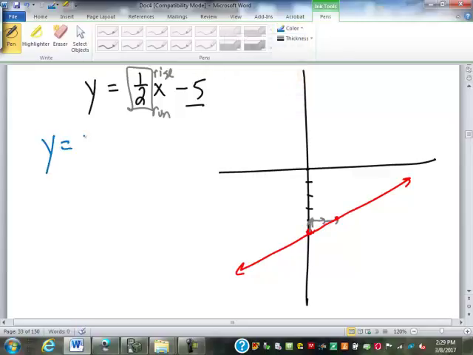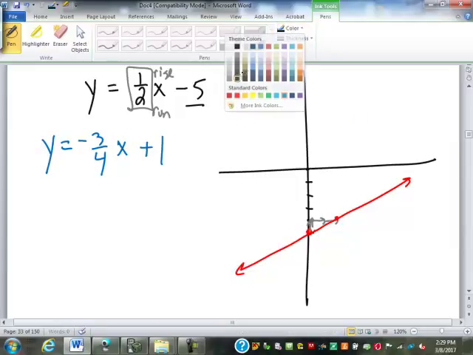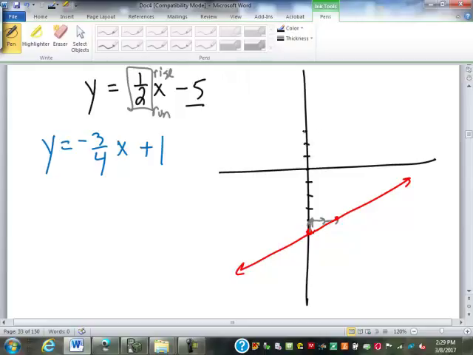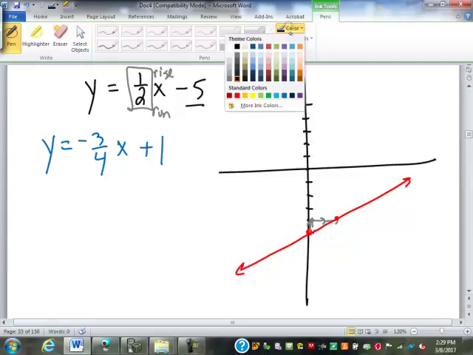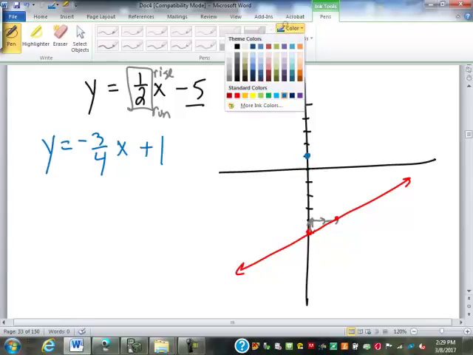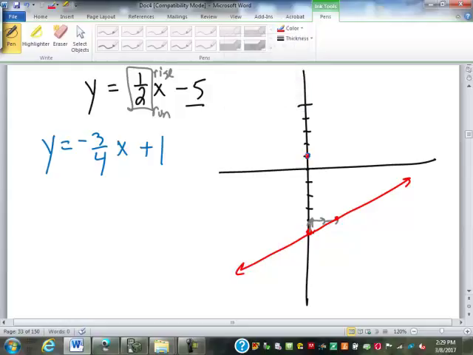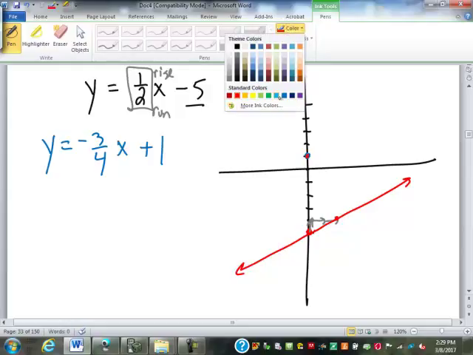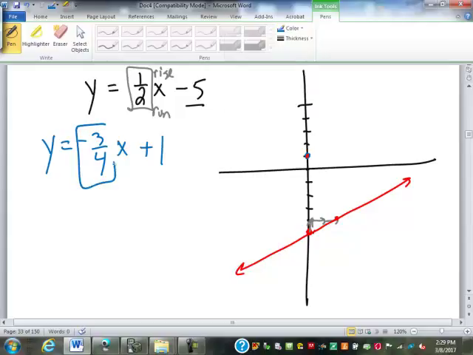What if I have y equals a negative 3/4 x plus 1? Where do I start this one out? At positive 1. Very good. From the origin, I go up 1, and there's my first point right there. So now from that point, I have a slope of negative 3/4.